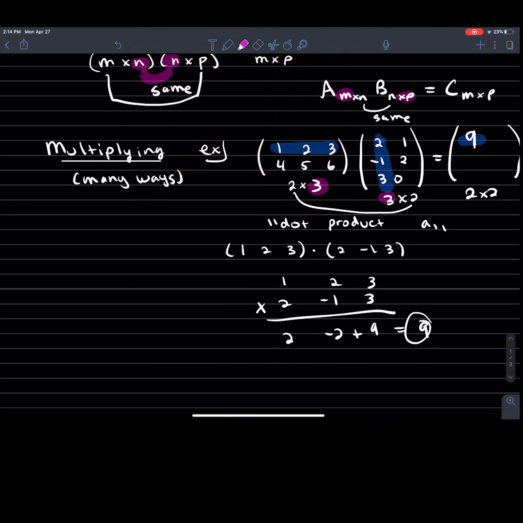So let's do two easiest ones to know. This one here, position, just picking it randomly. I'm going to do the last two, that's 2,2. Last row, second column. And so I can write it 4, 5, 6, 1, 2, 0, multiply down, 4, 10, 0, and I get 14.